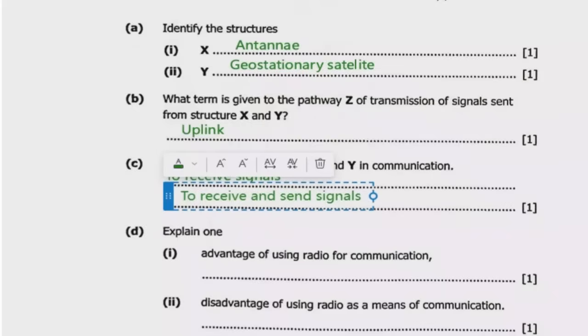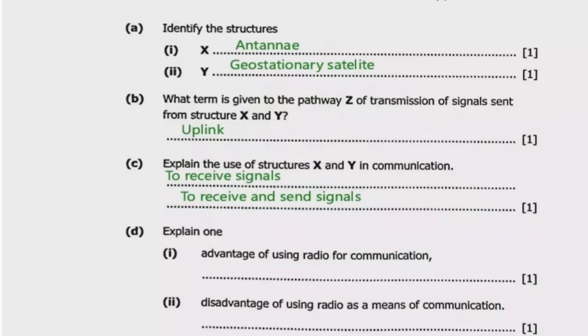So that is the function of Y, to receive and send signals. X to receive signals, that is antenna is to receive signals. Y is to receive and send signals.